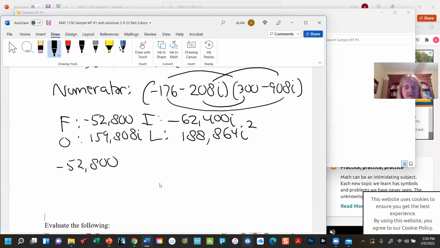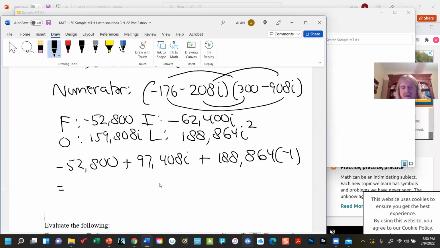So I'll combine the two i's, 159,808 minus 62,400, 97,408 plus 188,864 i squared, which is negative 1. So you end up with negative 241,664 plus 97,408i.